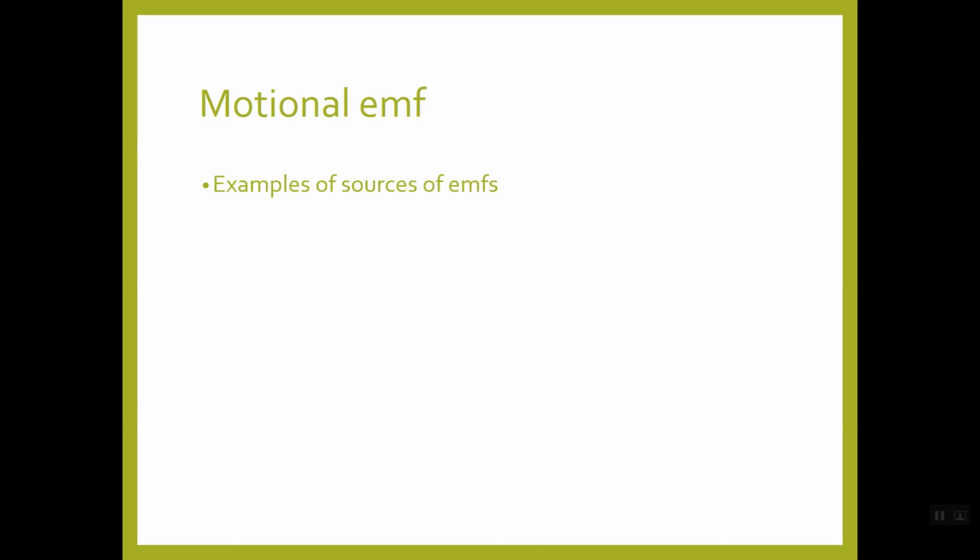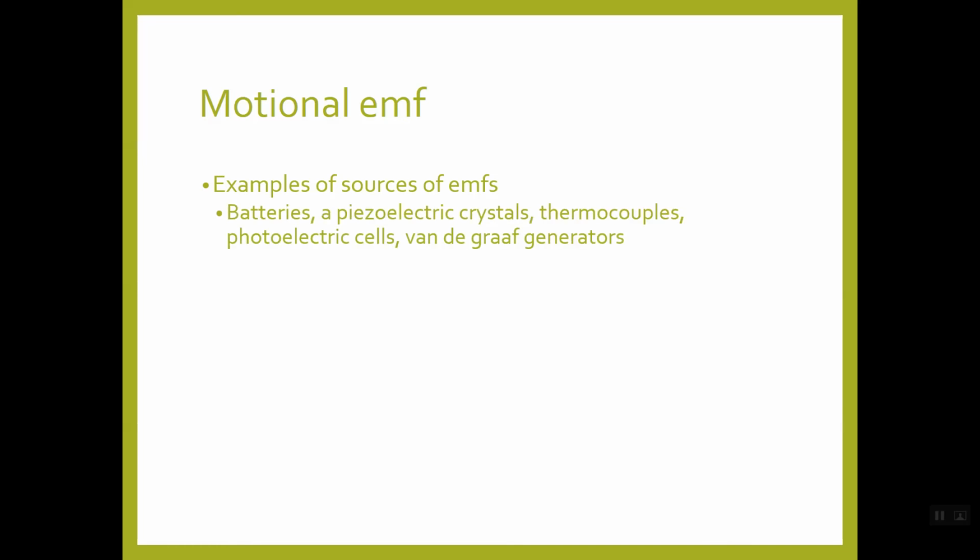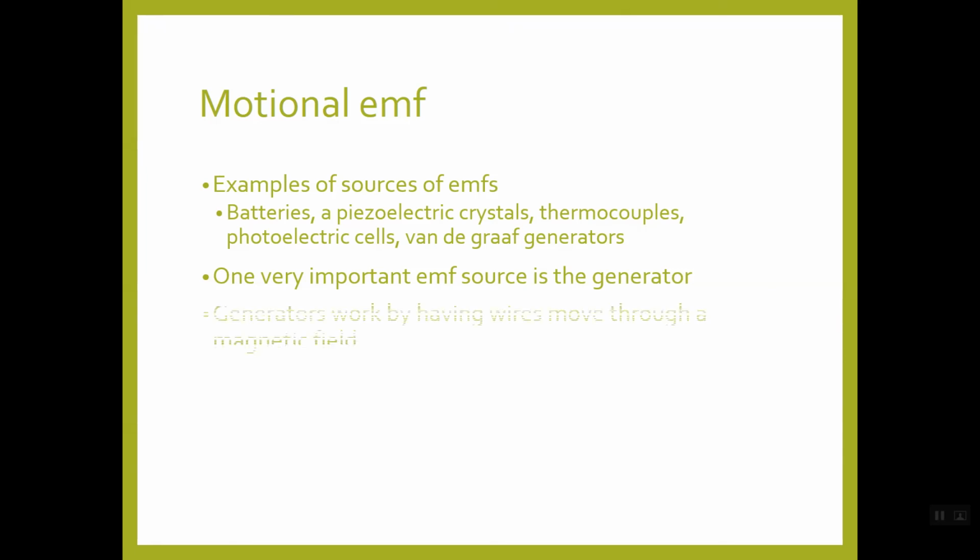Examples of sources of EMFs: the source could be a battery, a piezoelectric crystal, thermocouples, a photoelectric cell, or a Van de Graaff generator. What we're going to focus on is a very important EMF source, the generator.